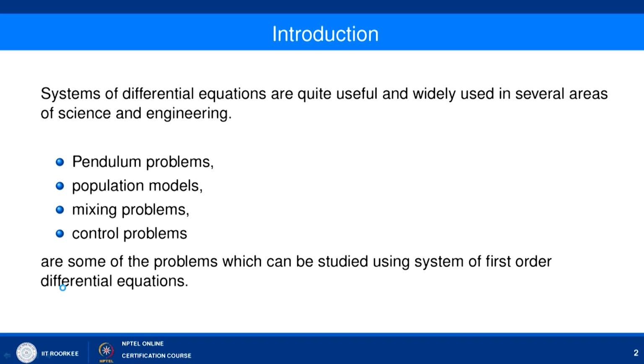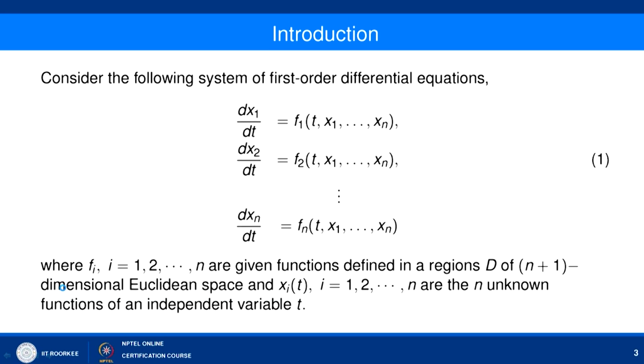There are some common ones which we have already discussed: the pendulum problem, population models, mixing problems (tank mixing, fluid mixing), and control problems. These are some of the problems which can be studied using systems of first order differential equations.